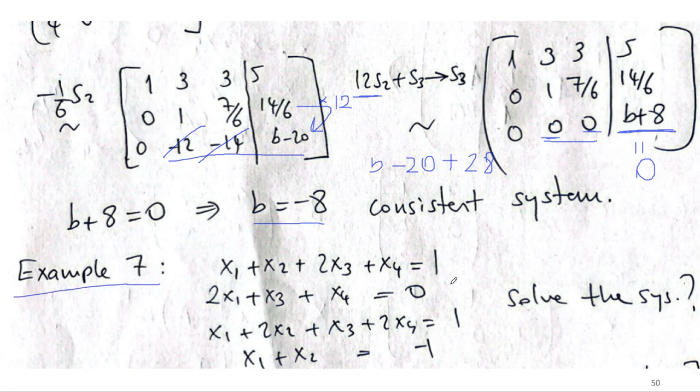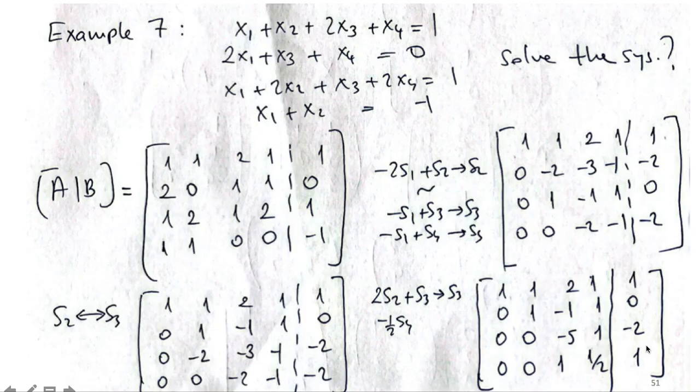Another example, suppose this time we are given a 4 by 4 system, 4 unknowns and 4 equations, and how do we solve this system? As usual, you need to write down the coefficient matrix A, and then this is the augmented matrix, A and B, when we write them together.